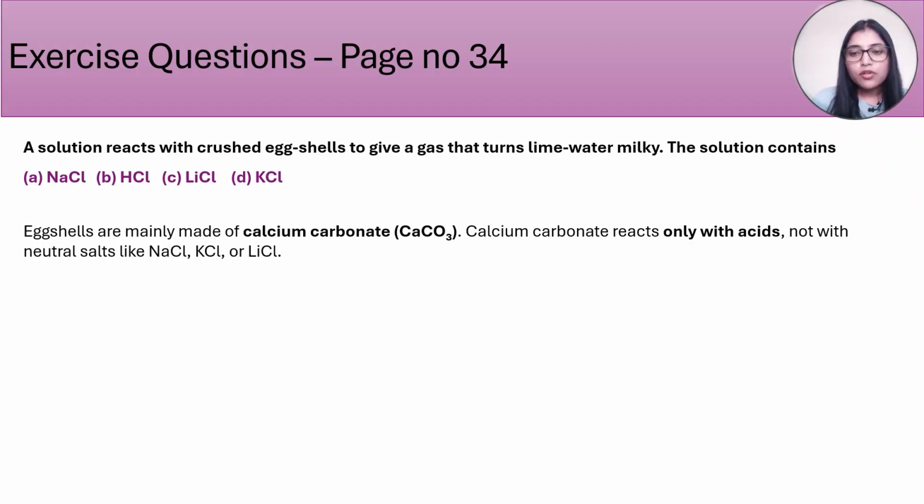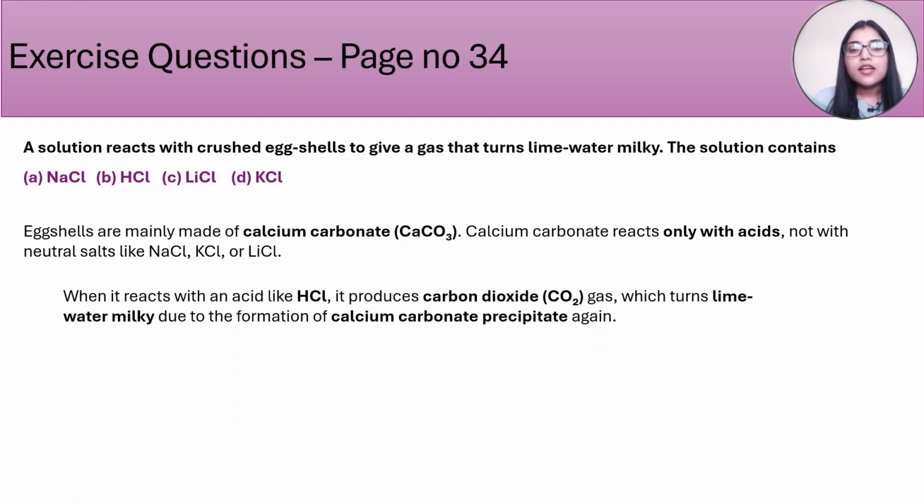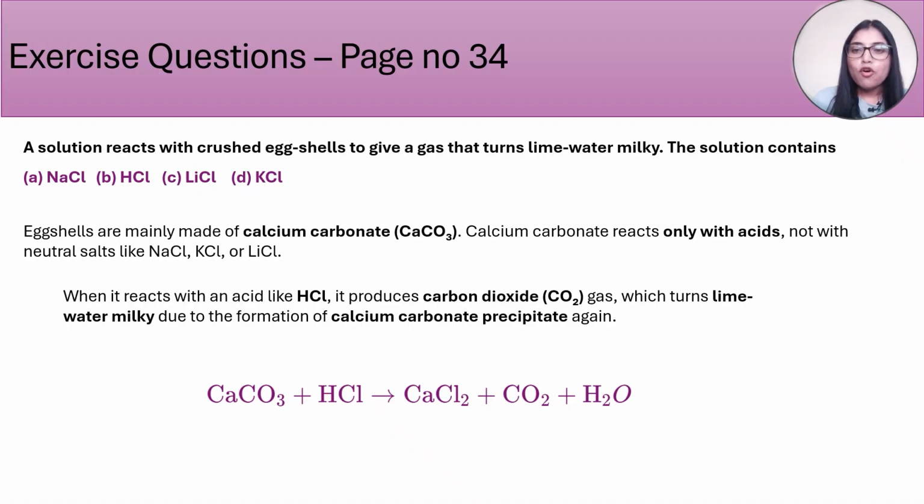And calcium carbonate only reacts with acids and not with neutral salts like NaCl, KCl or LiCl. So the correct answer is that it reacts with HCl and it produces carbon dioxide gas, due to which the lime water is turned milky and the formation of calcium carbonate precipitate is seen. The equation can be written as CaCO3 plus HCl gives us CaCl2 plus CO2 plus H2O.